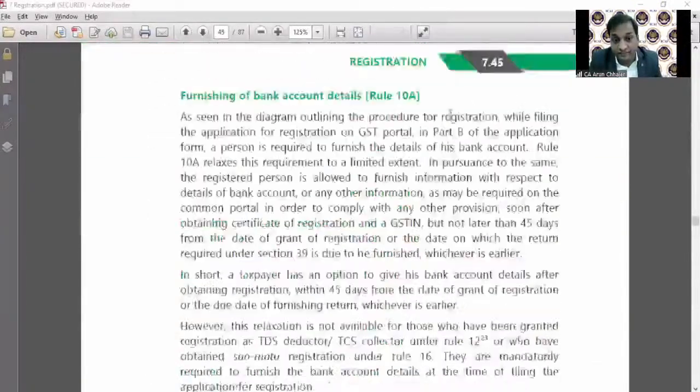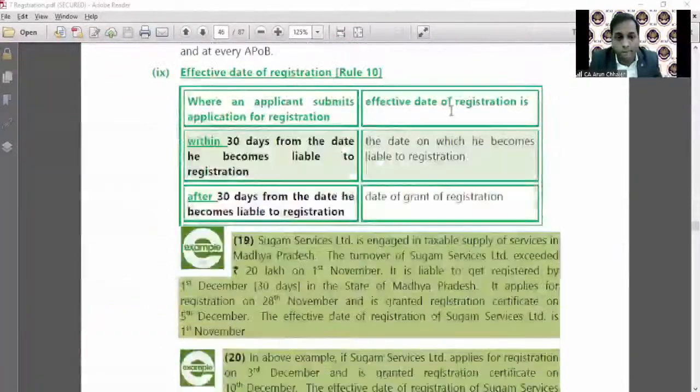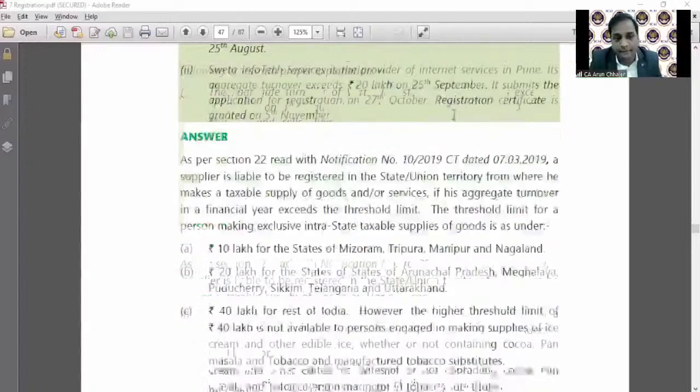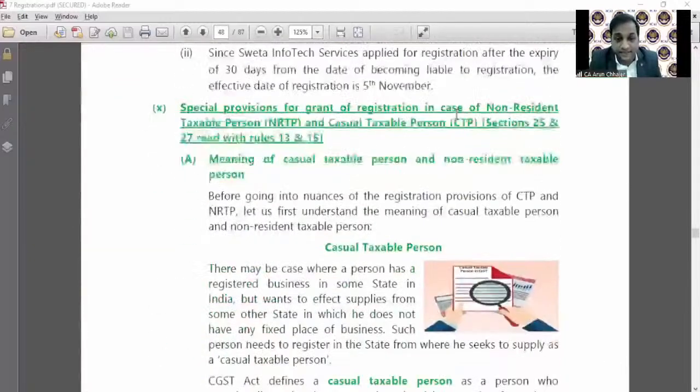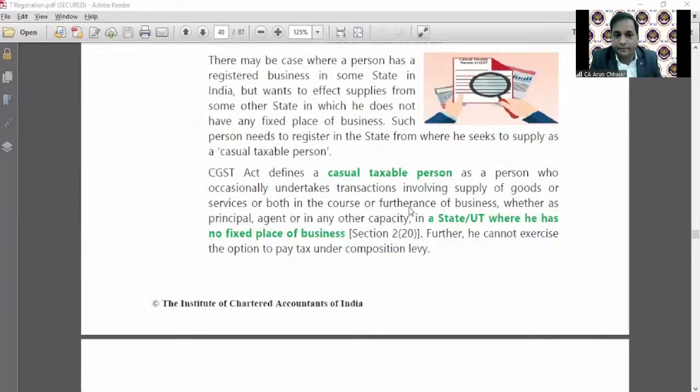Arun does not have a fixed place of business and therefore he can go for the casual taxable person category. Similarly, what is the meaning of casual taxable person? Let's read.